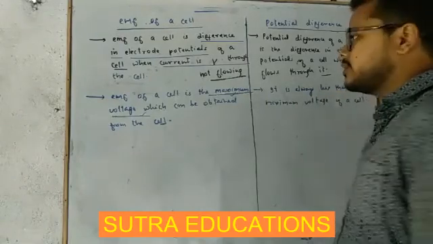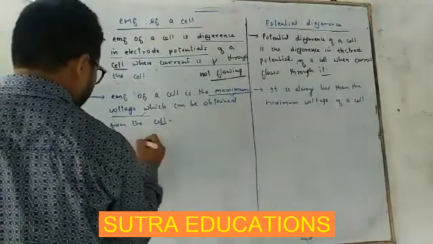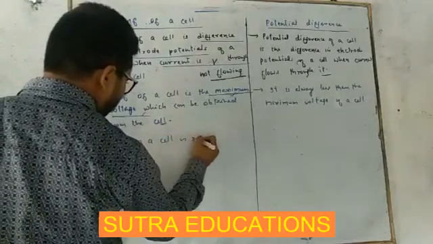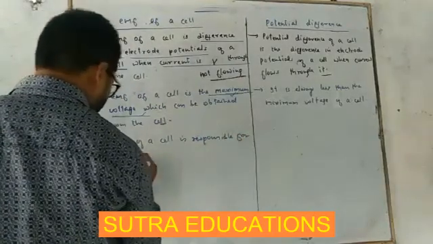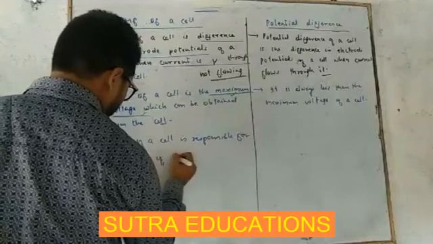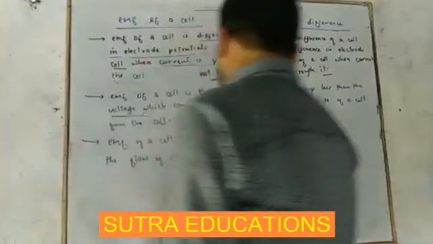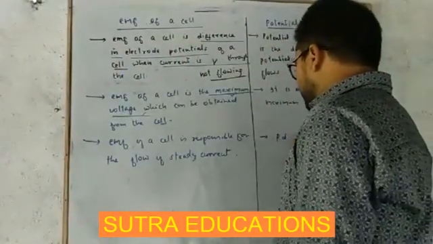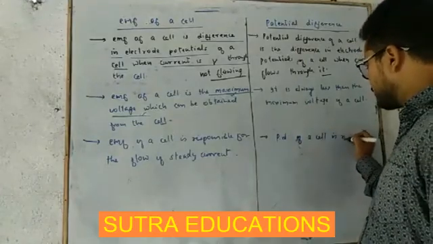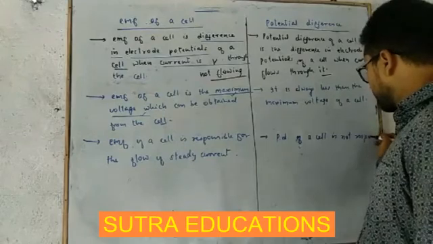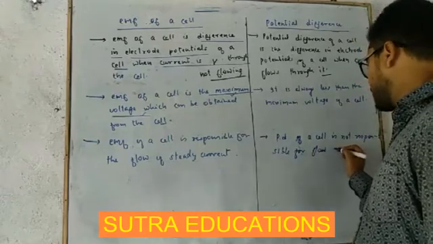Then we will say EMF of a cell is responsible for the flow of steady current. Potential difference of a cell is not responsible for flow of steady current.